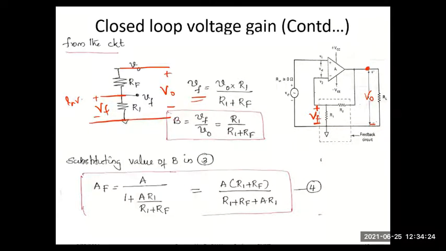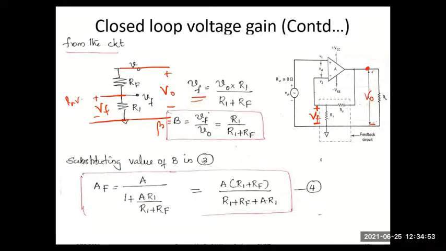The value of this feedback factor B or beta, whatever you want to call it, is the output of the feedback network, the voltage Vf, divided by the input to the feedback network, which is the final output voltage V0. So Vf by V0. Take V0 to the left hand side. What remains on your right hand side is R1 divided by RF plus R1.